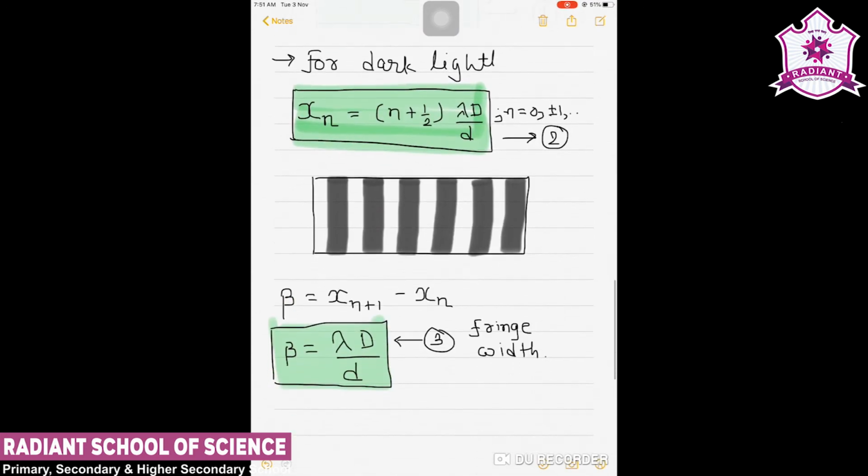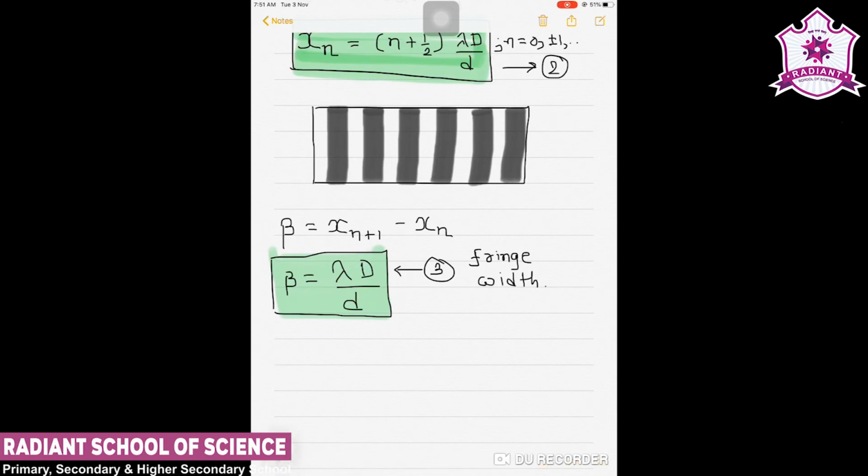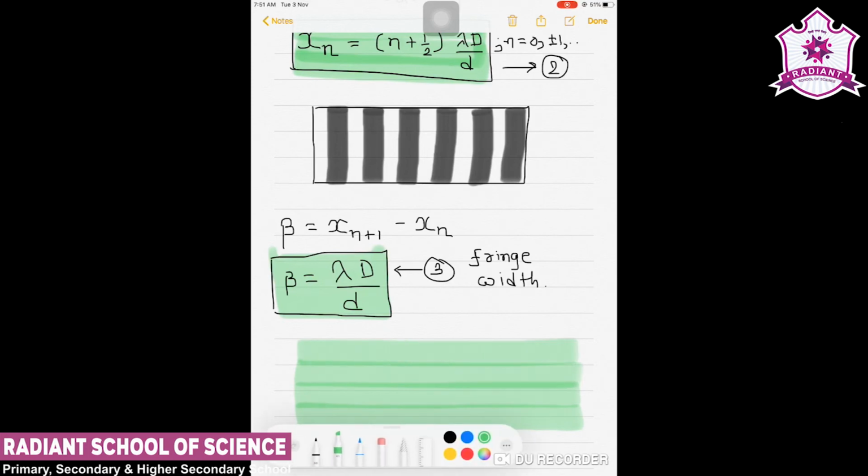Here it is also observed that the intensities of this light can be explained on the basis of the intensity pattern.